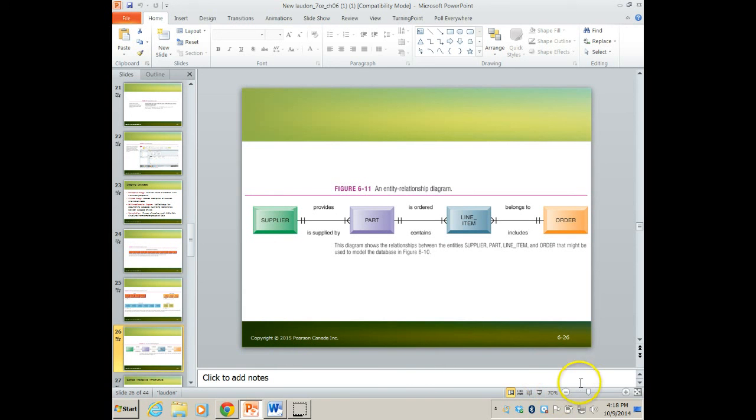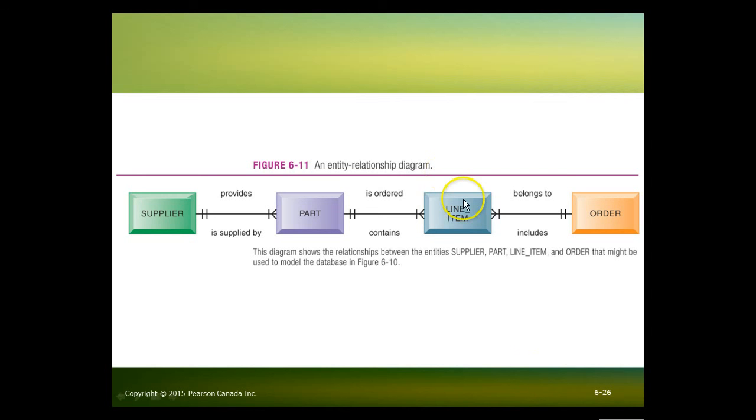Here's a diagram from our book. Now, one thing you'll notice is there are different methodologies being employed here. And the methodologies being employed is that they don't believe in writing a 1, and they don't believe in writing an M. They believe in a different notation.